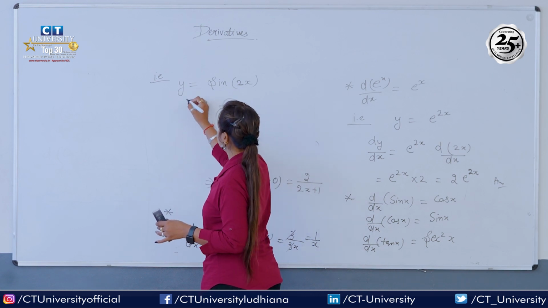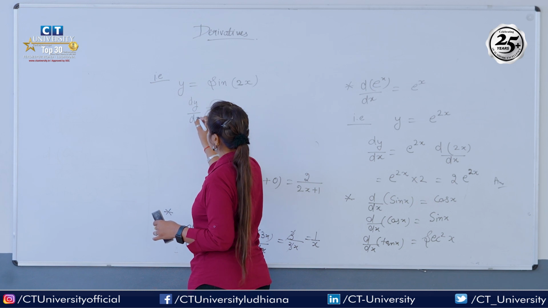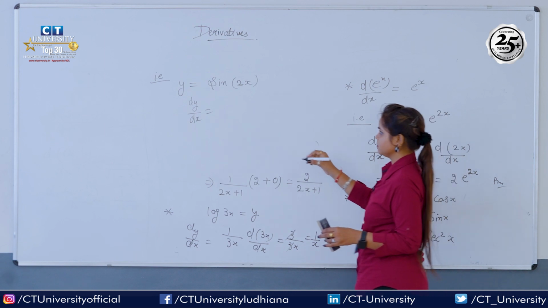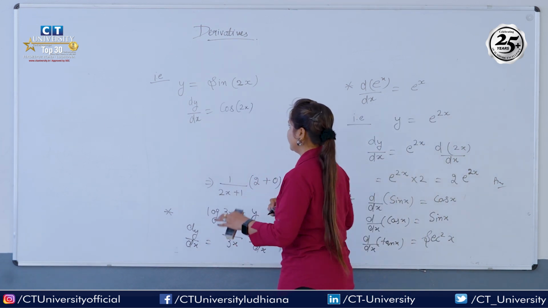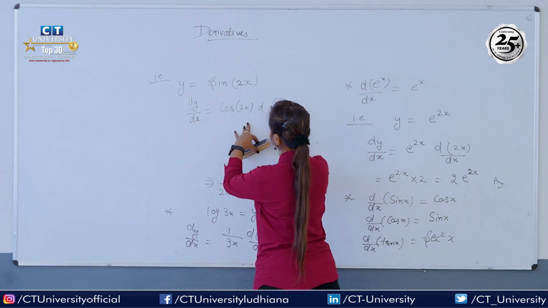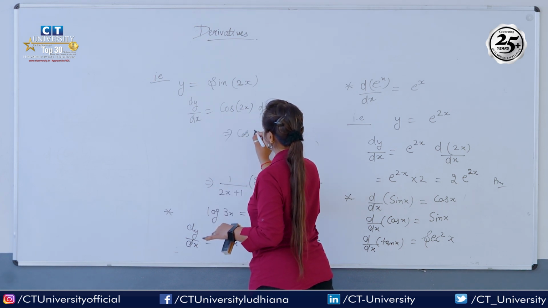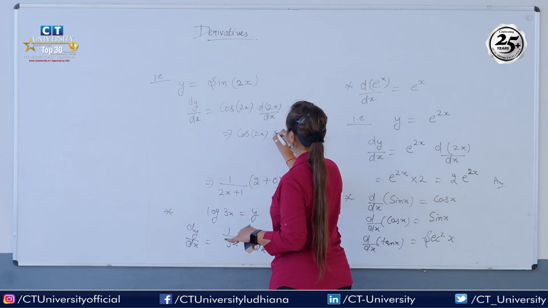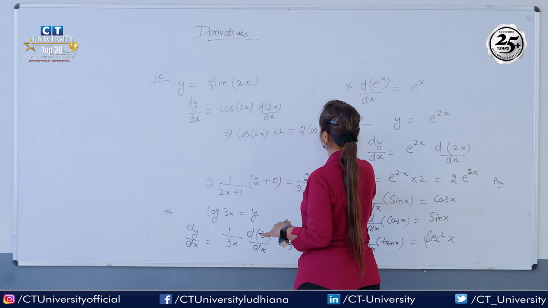So differentiate y with respect to x, which is equal to the derivative of sine, cos of the angle. Now the derivative of 2x with respect to x, cos 2x times the derivative of 2x, which gives 2. So the final answer is 2 cos 2x.